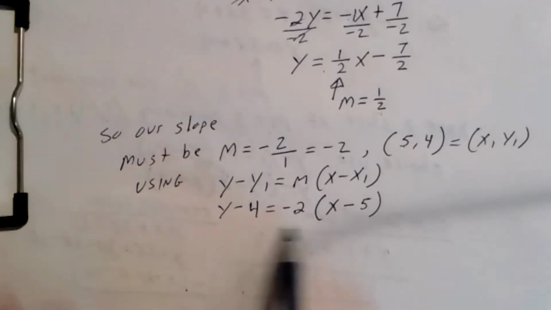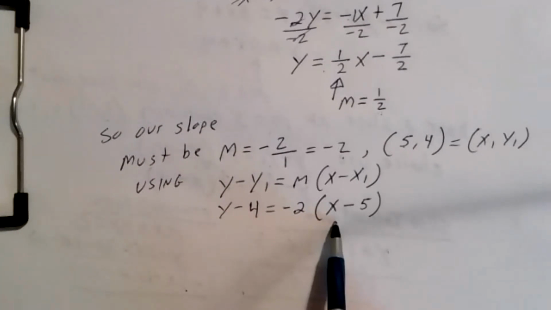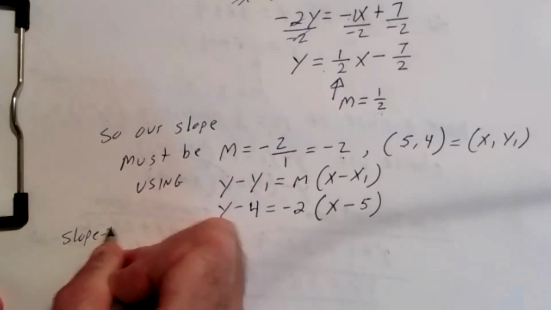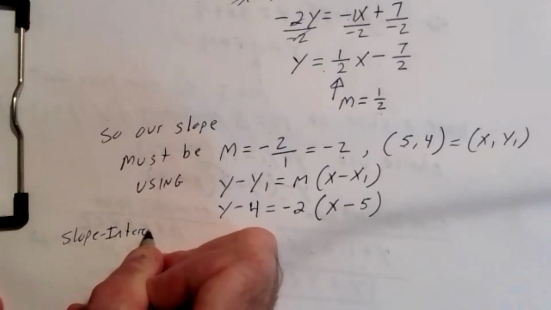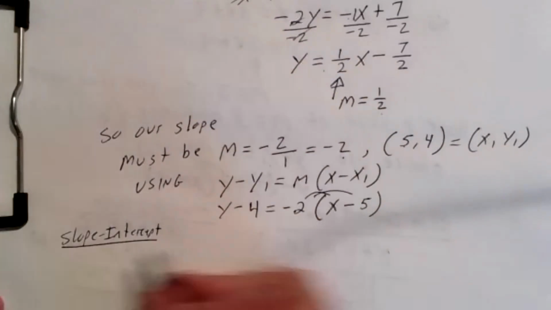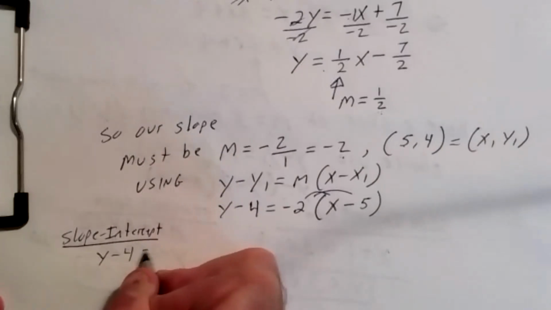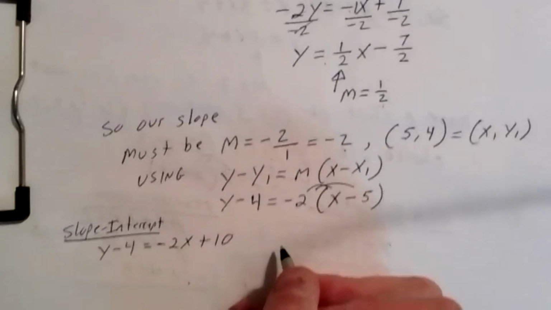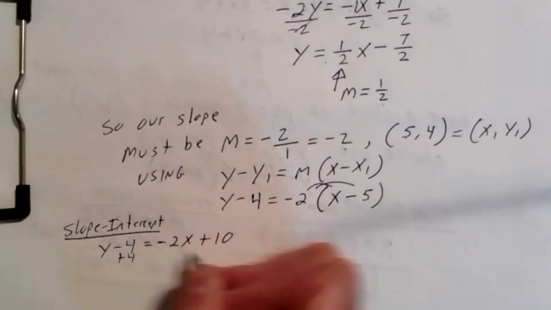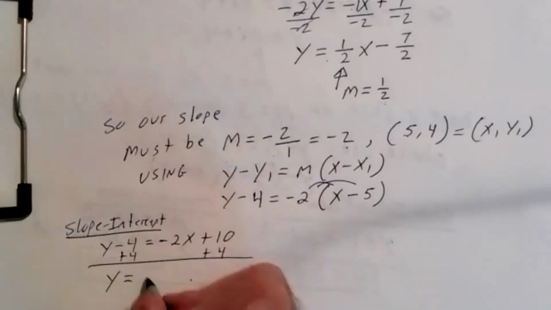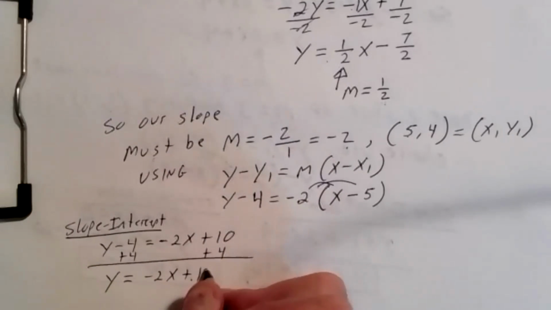Your author wants you to get this into two forms, slope-intercept and also standard form. To get this into slope-intercept form, what do we do? First, we can distribute the negative 2 inside the parentheses. So we've got y minus 4 is equal to negative 2x plus 10. Adding 4 to both sides, our equation in slope-intercept form is y equals negative 2x plus 14.